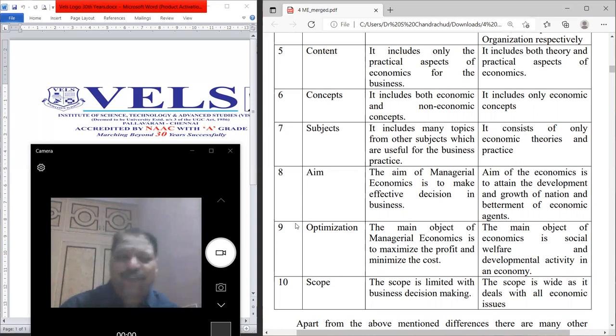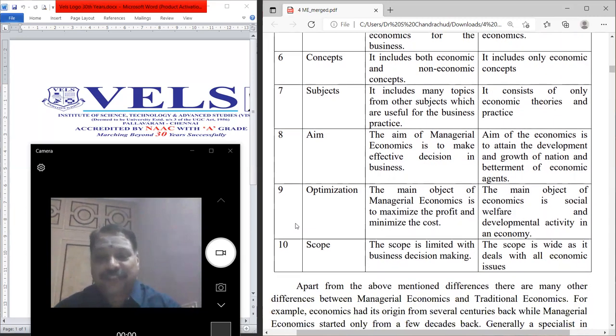But in traditional economics, the aim is to attain the development and growth of the nation and the betterment of economic agents, like macroeconomic variables, employment generation, better standard of living, like that. Then the next difference is about optimization.